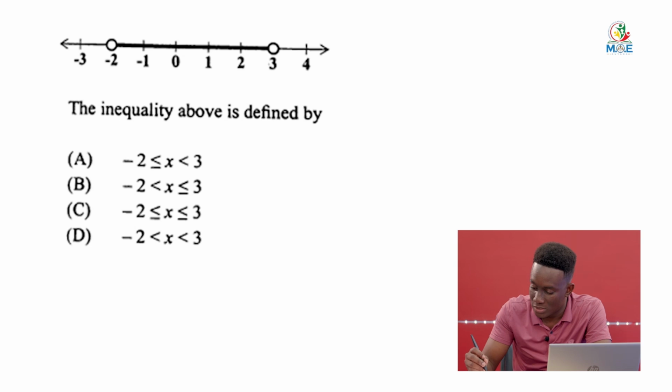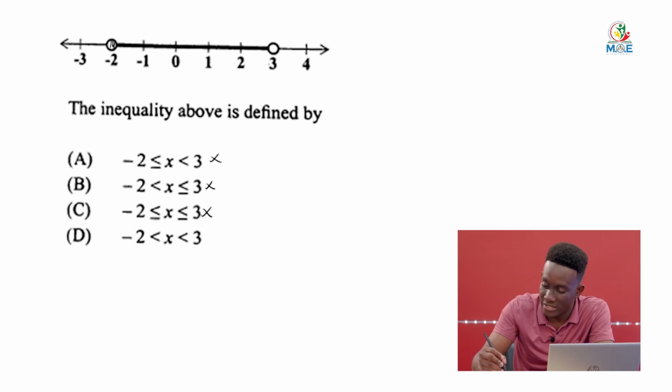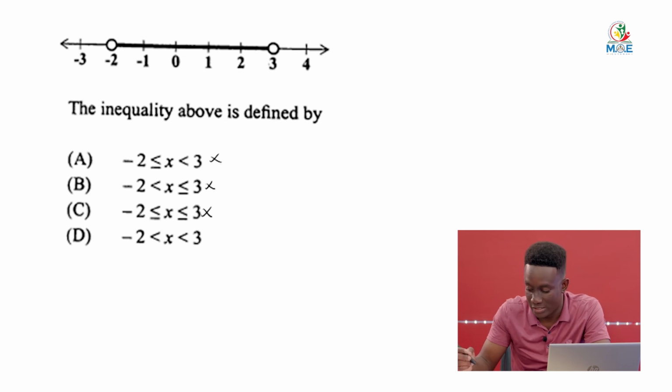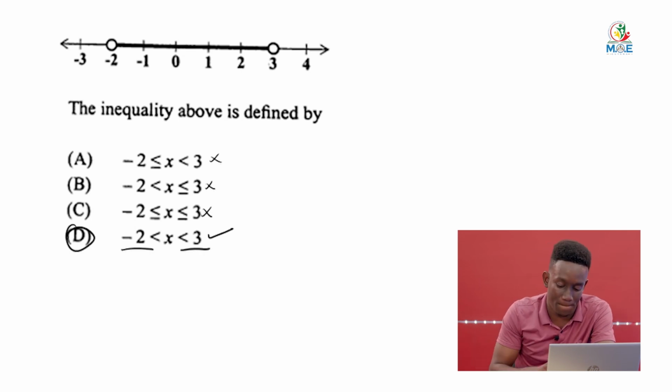This one is out because of this equal sign at the bottom here. This one is out because of this. We see this is out because of these two. As long as the circle is not shaded, they cannot have the equal to sign. So we see the answer is D, because it's greater than -2, but less than 3.